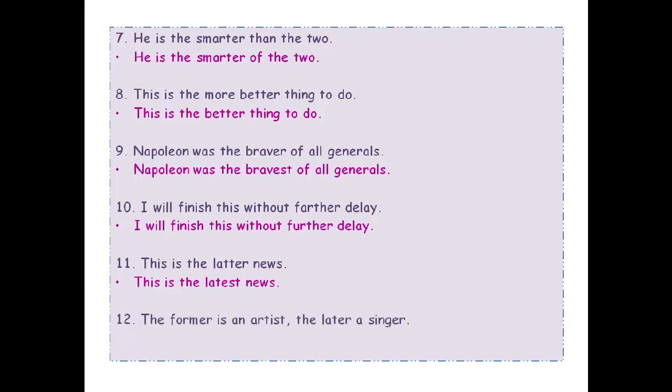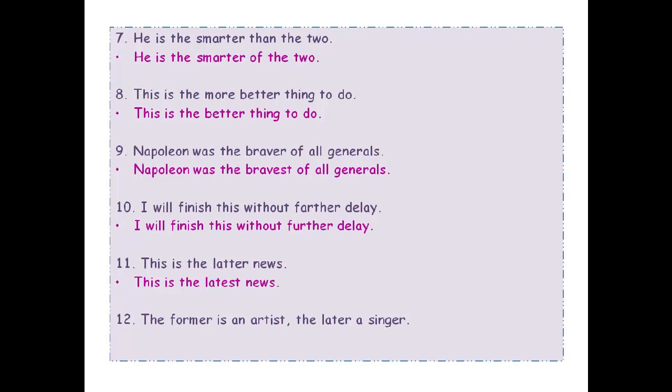Next, the former is an artist, the later a singer. Now when I say the former is an artist, I mean the first person who came was an artist and the second one who came was a singer. But I have used the word later. The question says the later a singer. Now I told you later implies time.